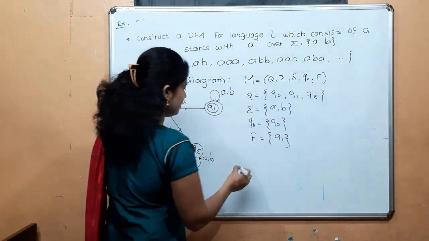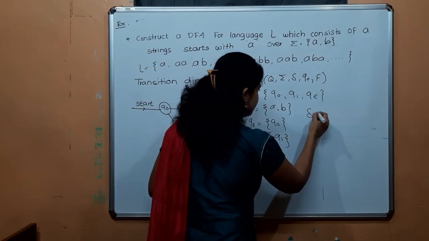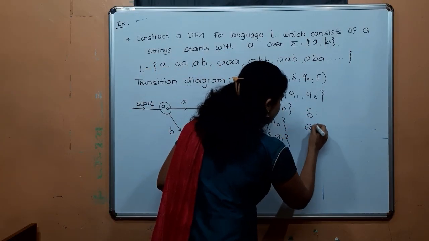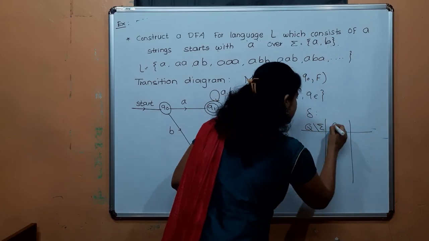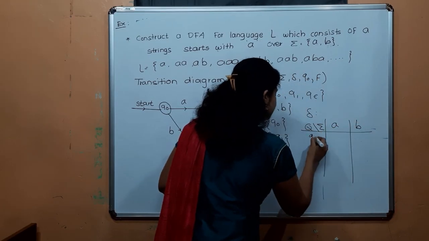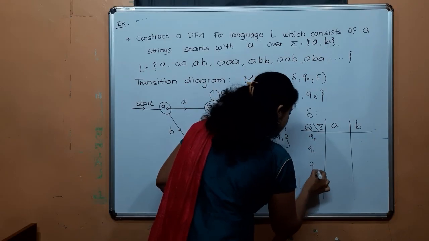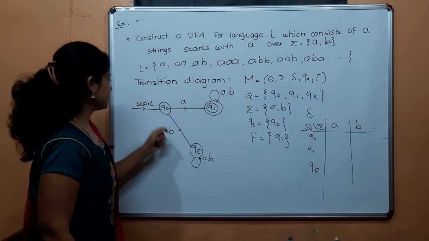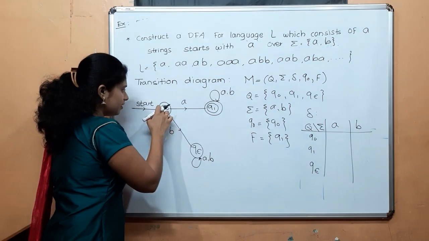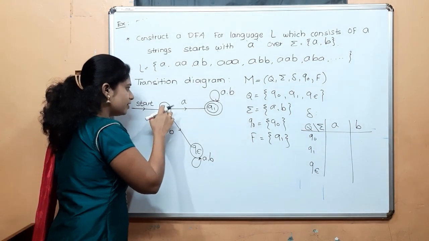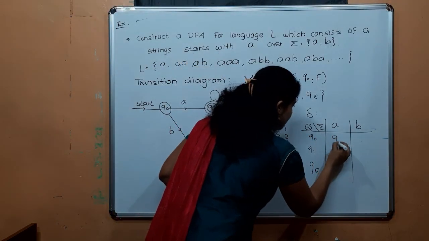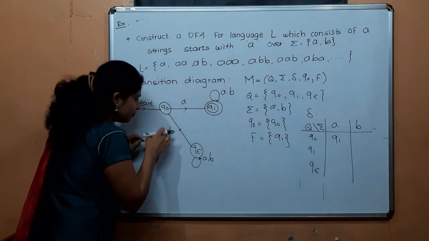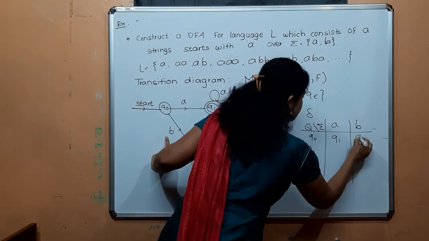Now how to find out the delta? Here we can find out the delta on Q and Σ. Okay, input alphabets are A, B, and states are Q0, Q1, Q dead. Now see here, δ(Q0, A) goes to Q1. Okay, Q0 on A goes to Q1, Q0 on B goes to Q dead.